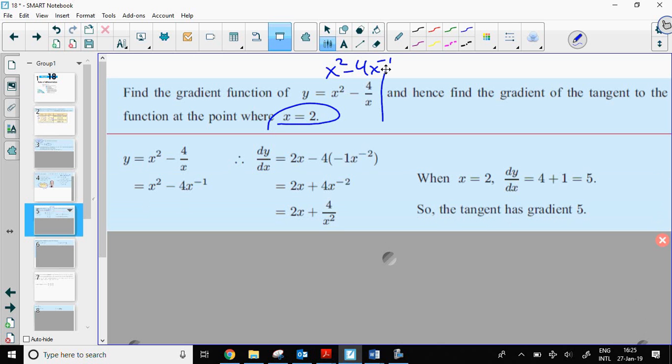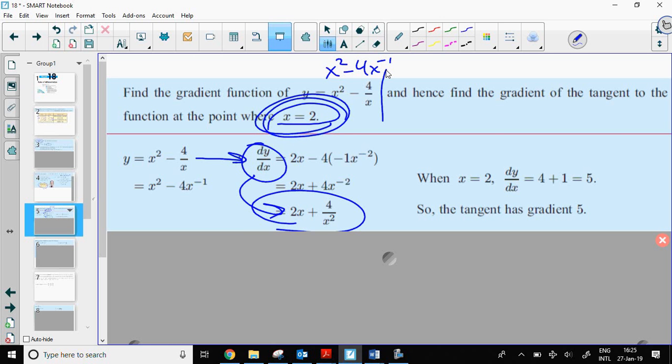You should be able to get from here straight to there. And then we just substitute in 2 into that. Gradient's pretty obviously 5. At the end of this video, I'll talk about how to do this part on the calculator. We cannot do that on the calculator, unfortunately.